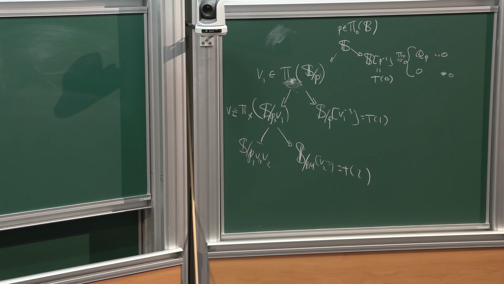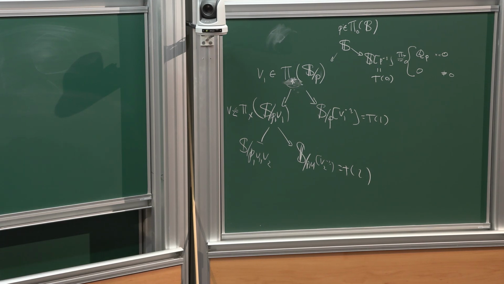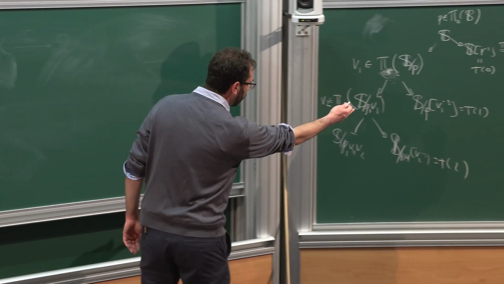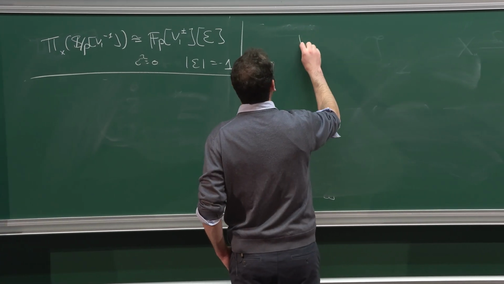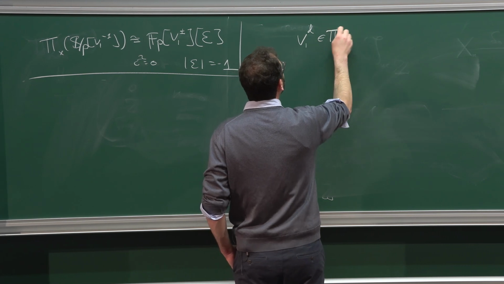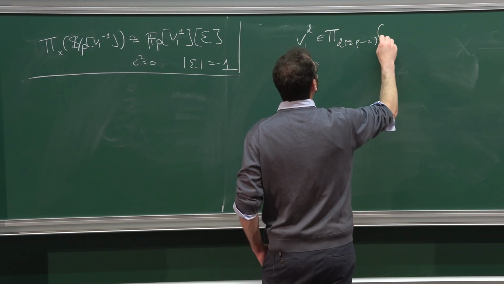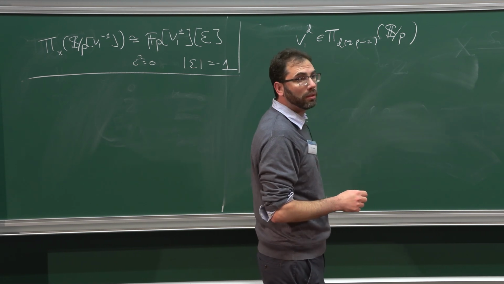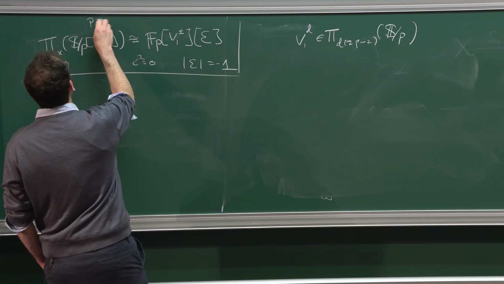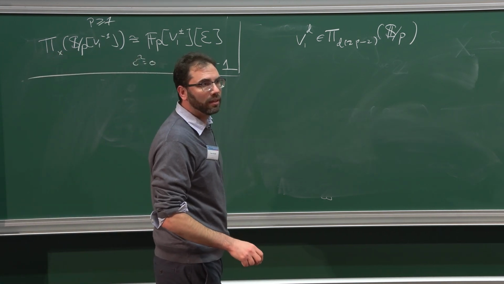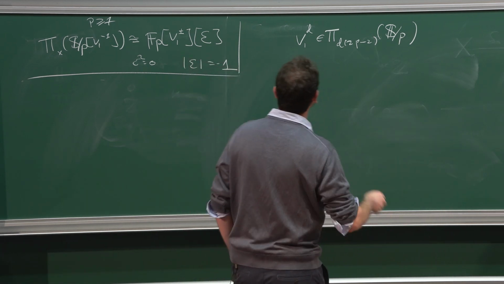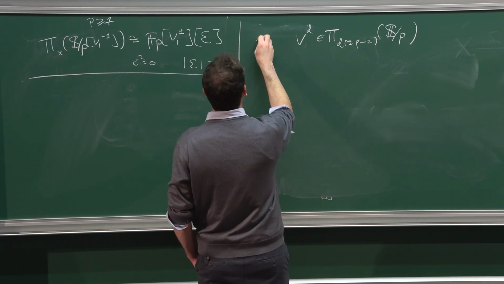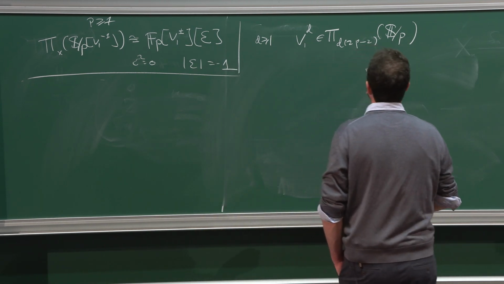If I look at V1, I can look at V1 to the D. This belongs to degree D times 2p minus 2 of the sphere mod P. For D greater than 1, this thing belongs here.